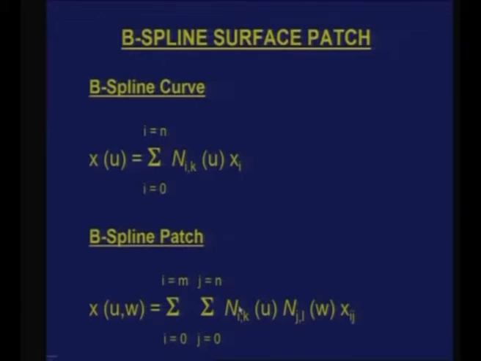That means every control point will have some influence locally, but it will not change the entire surface. There is no global propagation as it happens in the case of a Bezier surface patch. So, because of this, B-spline patches are a more common version which is used compared to a Bezier surface patch.